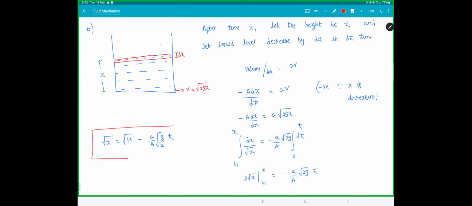It would be a straightforward question where x is the height at time t, h is the initial height. Copy down the formula. You will need that result.